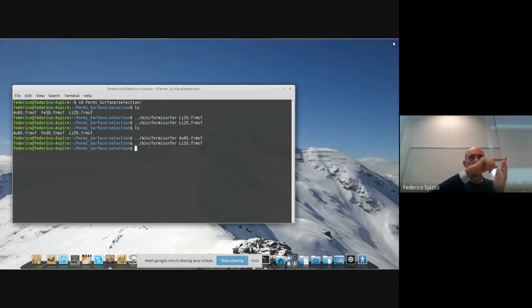In the first row, we have iron, chromium, manganese, nickel, cobalt, and copper, and so on. In that case, you are filling the D levels. The D levels, unless you consider copper, are not completely filled. So the number of electrons to be considered for the calculation is not just one, but ranges from 1 to 10. So you have the opportunity to include a great number of electrons in the calculation.